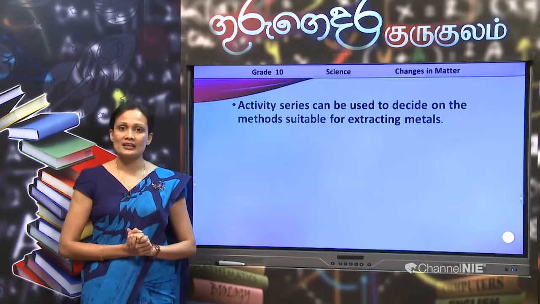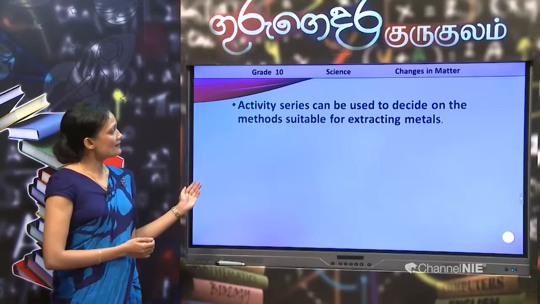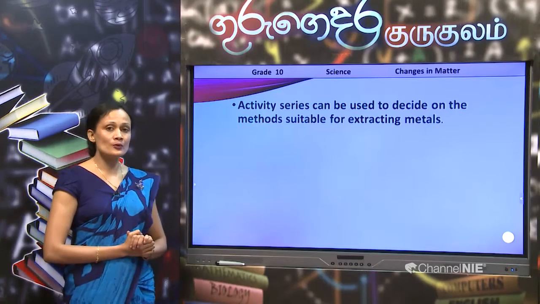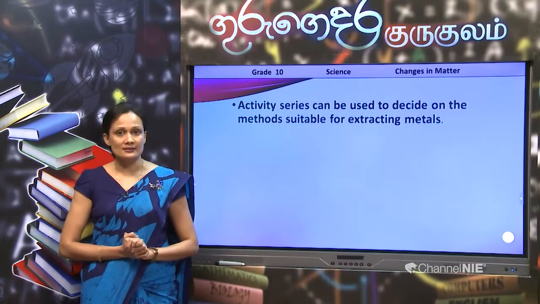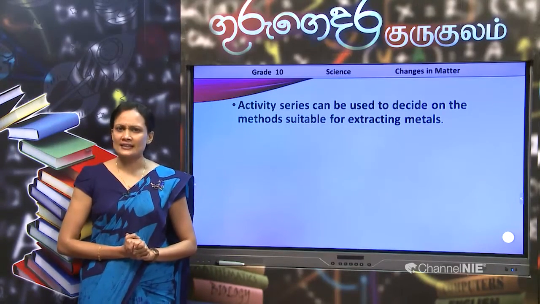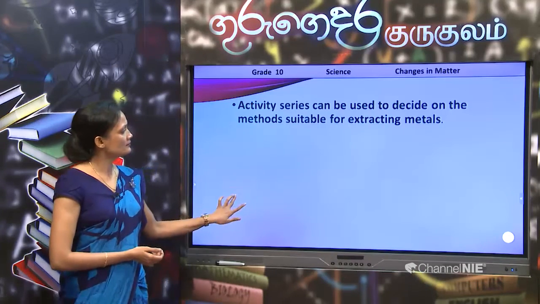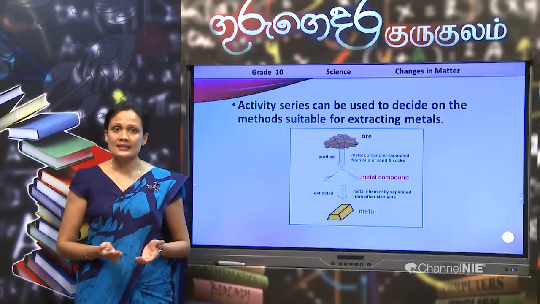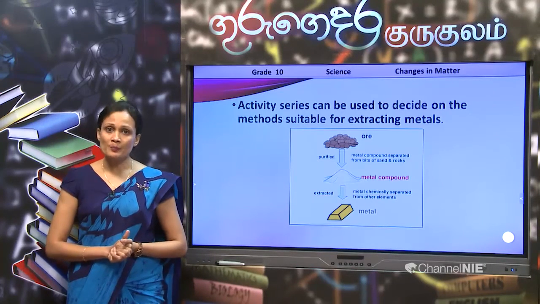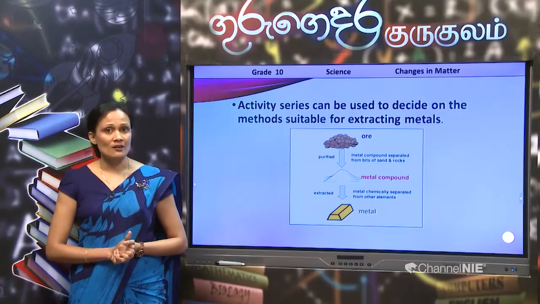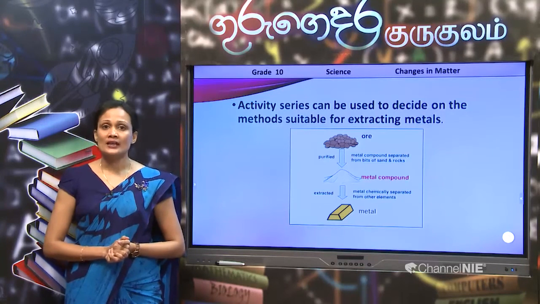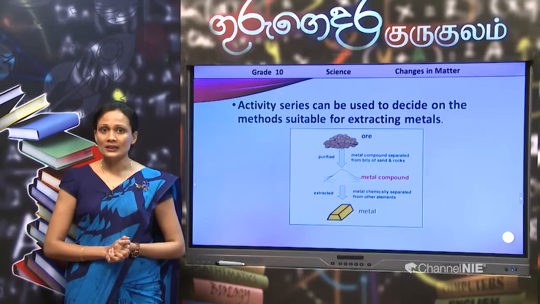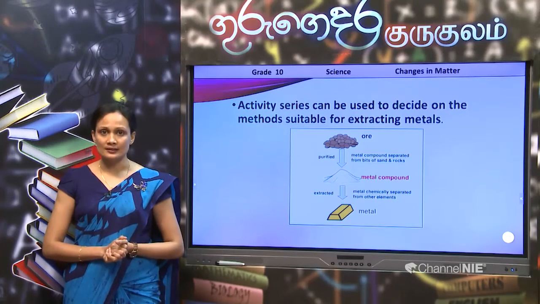Another use of the activity series: it can be used to decide on the method suitable for extracting metals. What is meant by extracting metals? Metals are mainly present in nature as their compounds because of their reactivity. So we can find the metallic compounds as ores in different places on the earth.